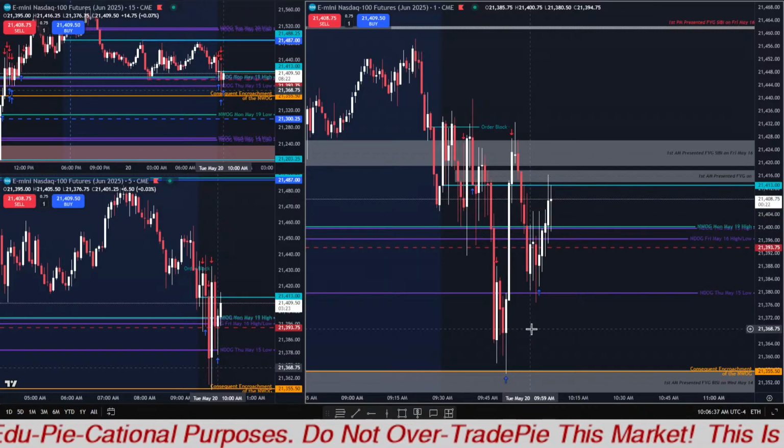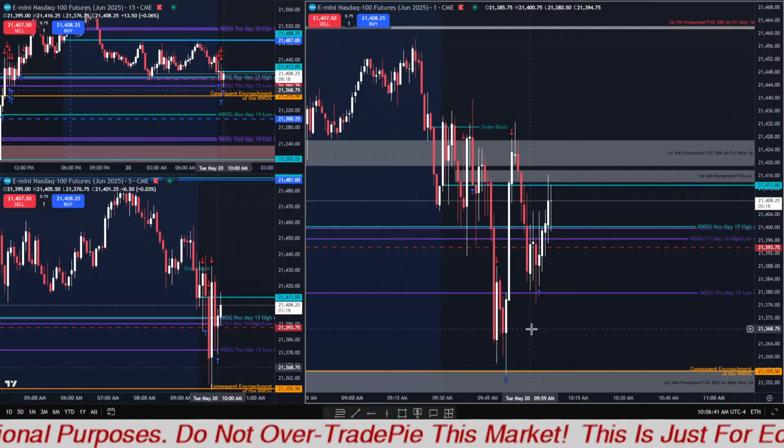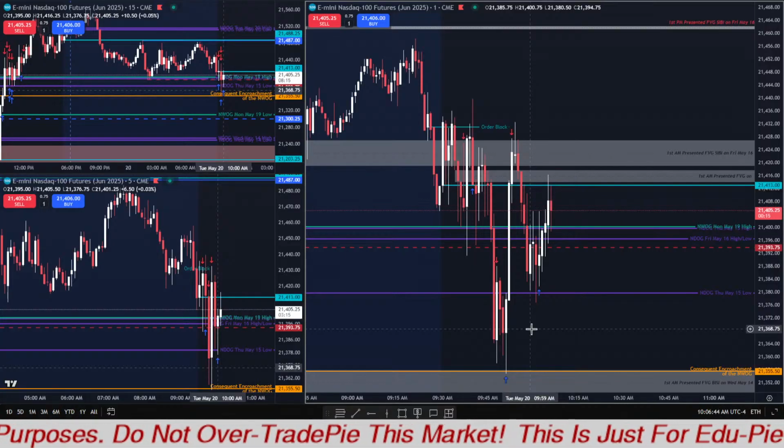After hitting the first presented fair value gap, we started going lower. So this is a good run.